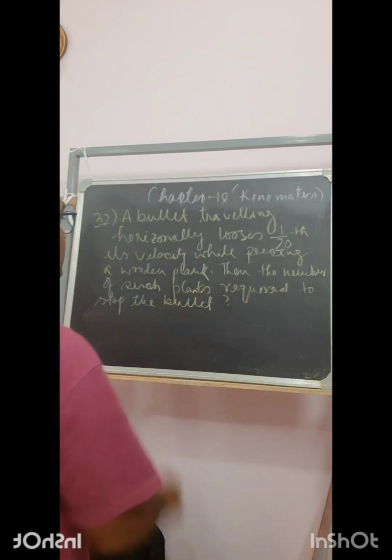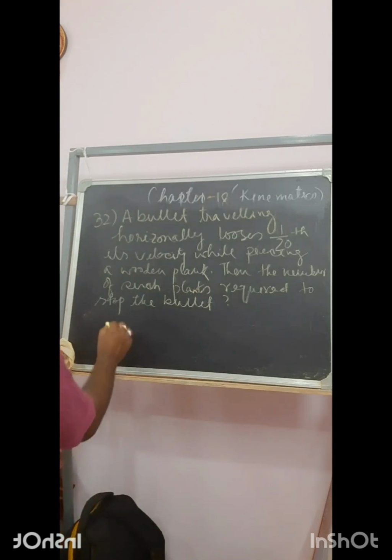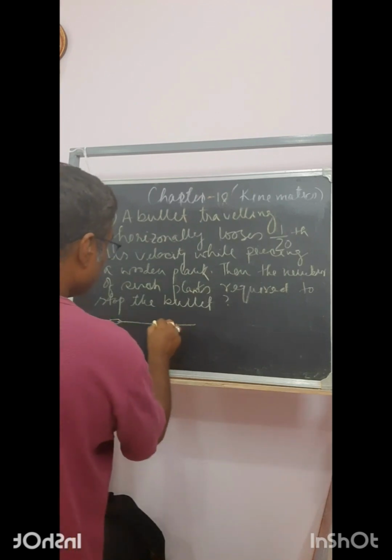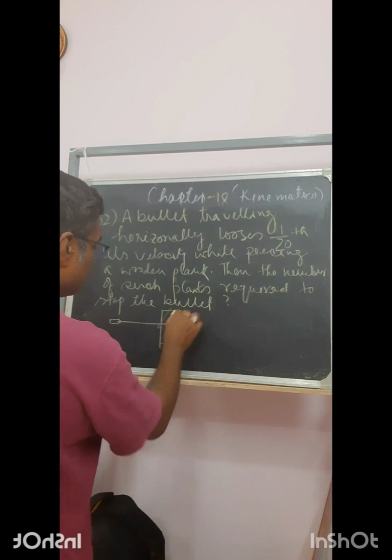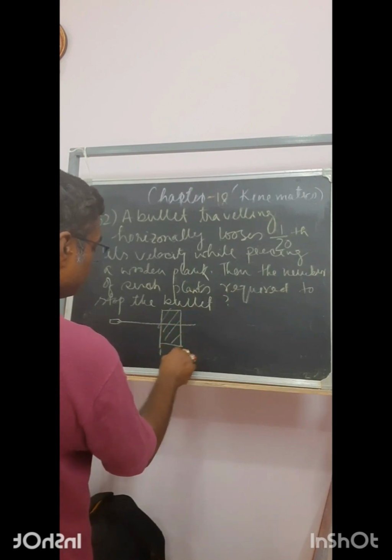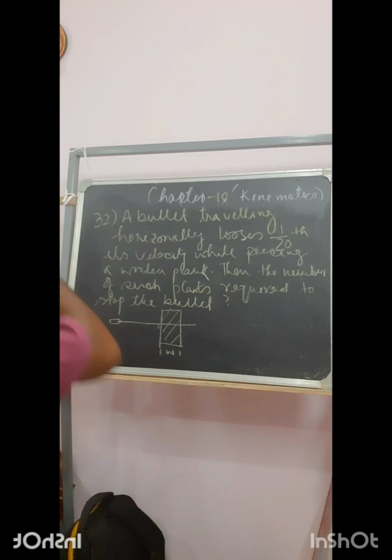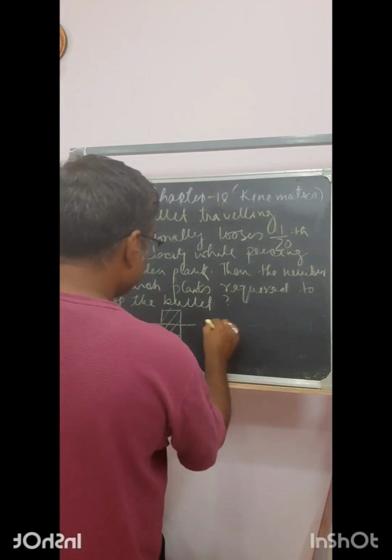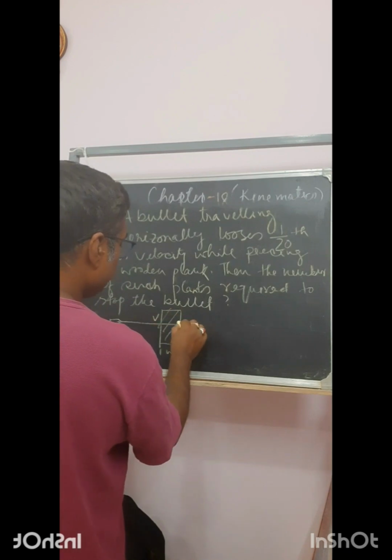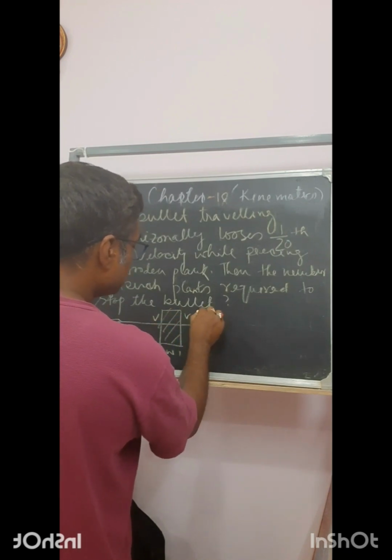So how many such planks are required to stop the bullet? So one bullet is being fired, that is moving, and now it passes through a plank. Let's say this is the width of the plank. When it touches the plank, it has velocity, let's say v. When it is leaving it, it is v minus v by 20.